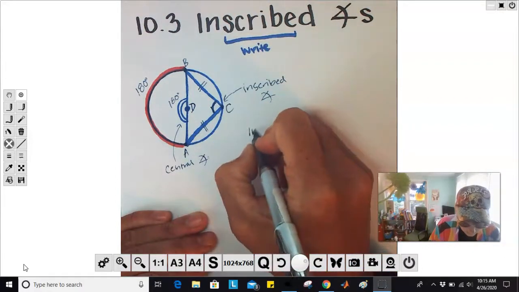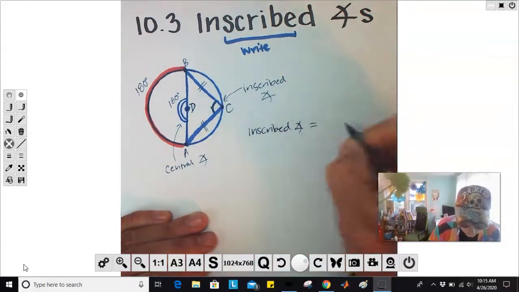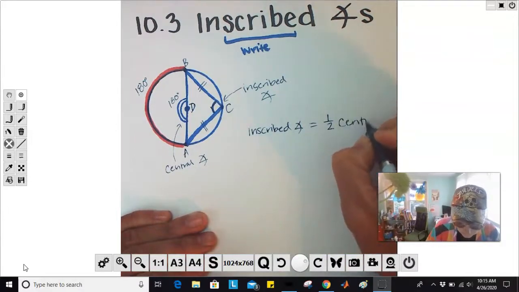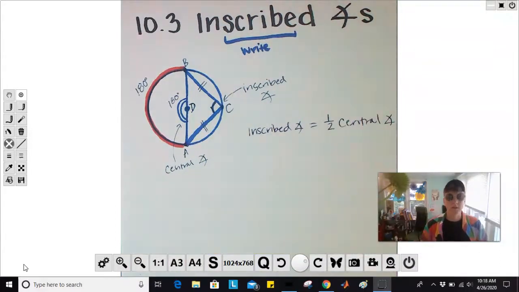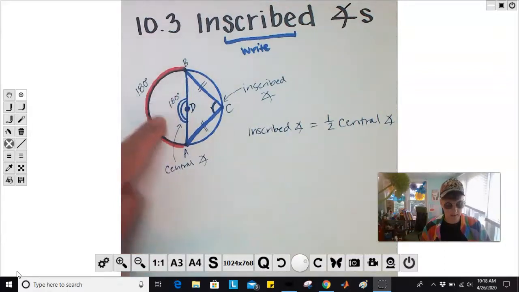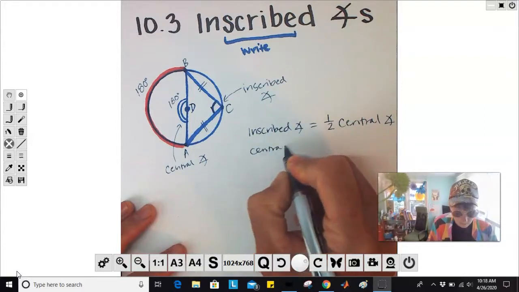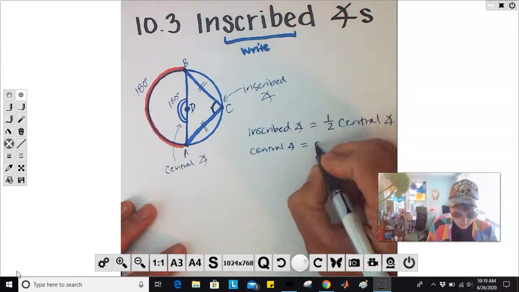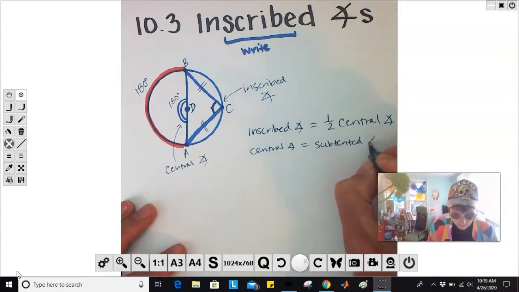So an inscribed angle equals exactly half of the central angle. And we know that the central angle is exactly the same as the arc it subtends. Central angle equals subtended arc.